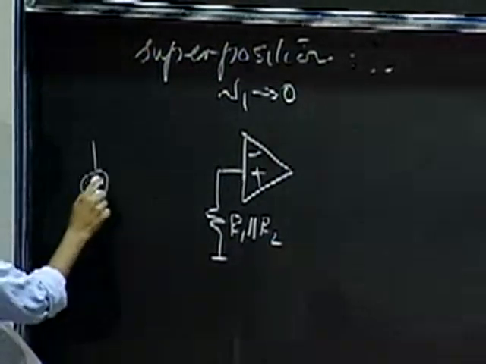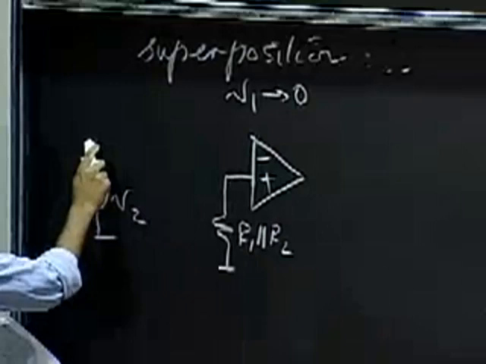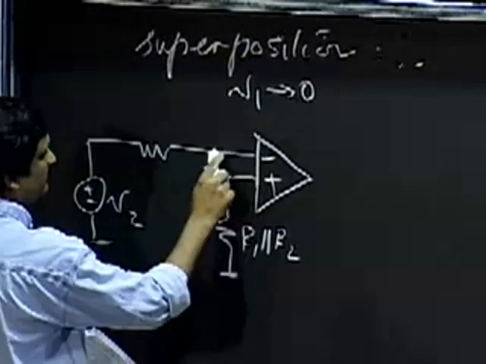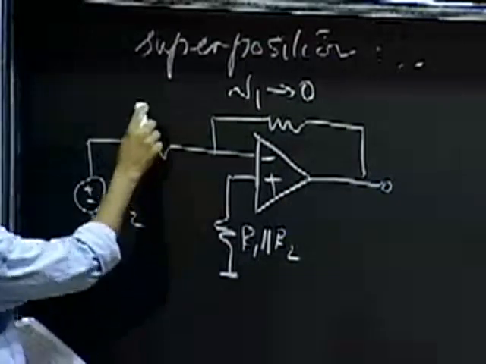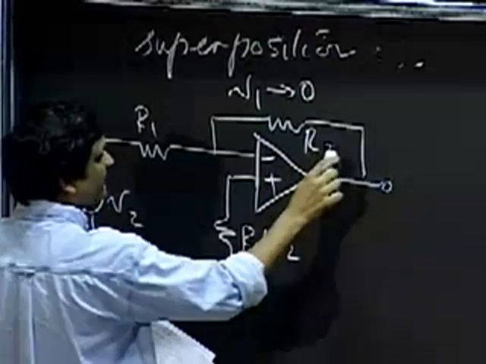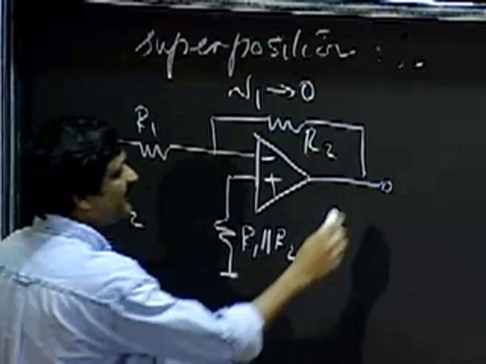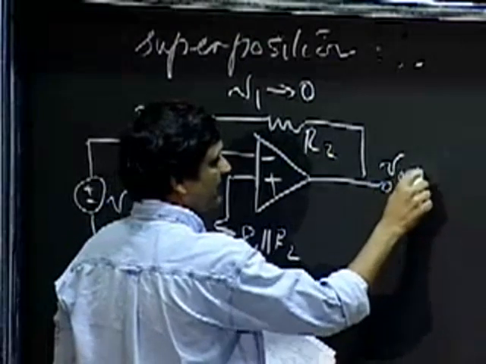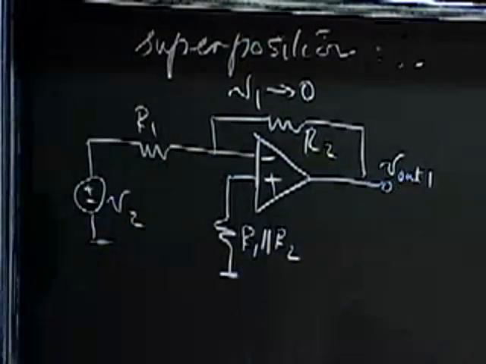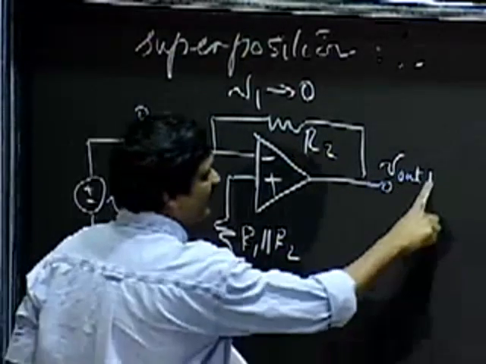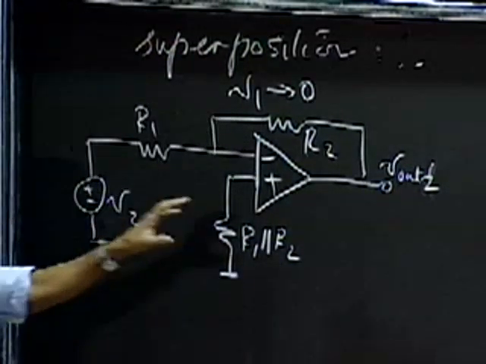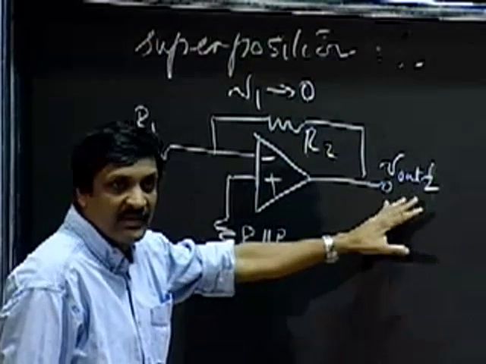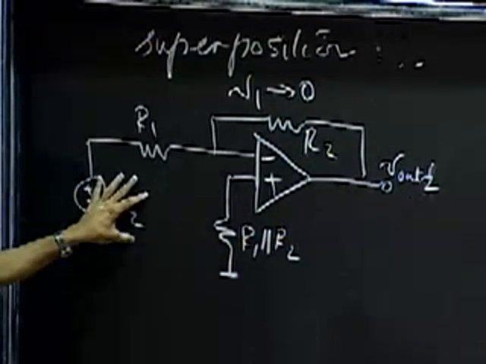And of course, I have a V2 as before. This was R1, this was R2, and let me call that V out 2, corresponding to that component of the output that relates to V2 acting alone.